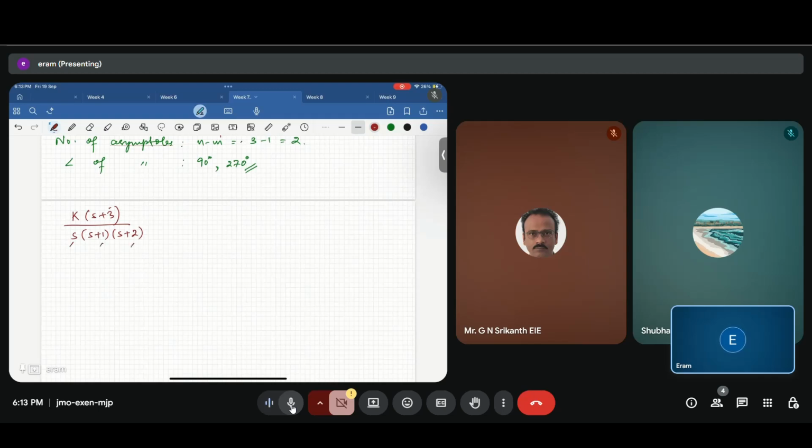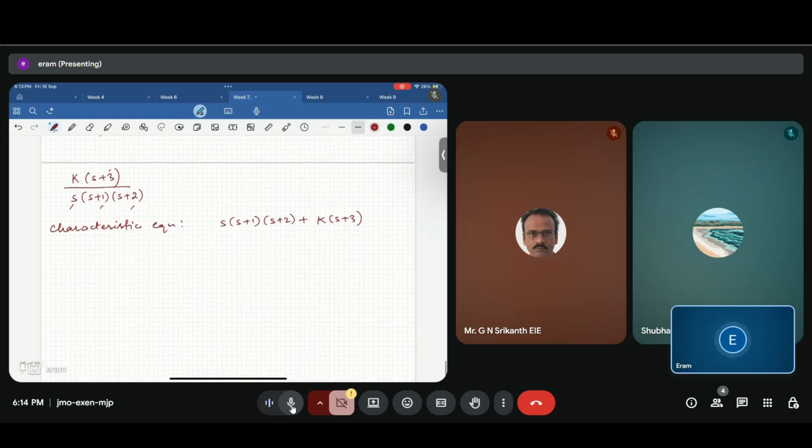Okay, then the closed loop transfer function will be, or we can directly write the characteristic equation, because we need to find the point at which the root locus intersects the imaginary axis. So the characteristic equation will be s into s plus 1 into s plus 2 plus k into s plus 3, right?